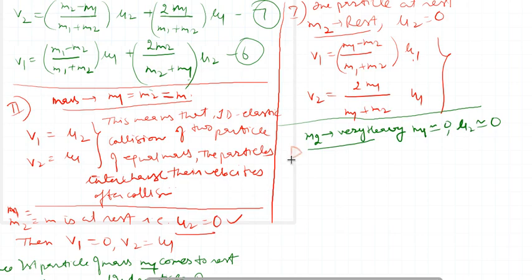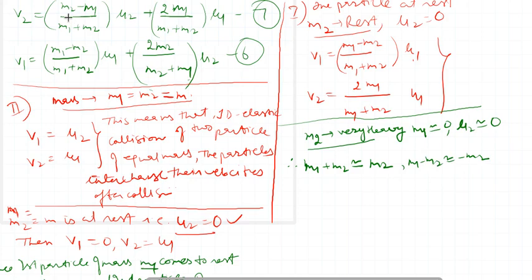So therefore, m1 plus m2 is nearly equal to m2, and m1 minus m2 is nearly equal to minus m2, keeping all these things in mind.